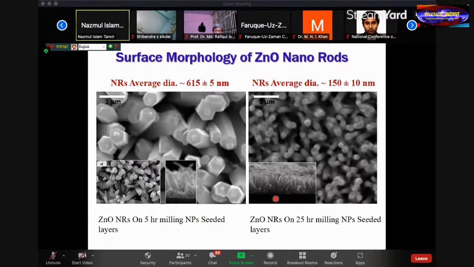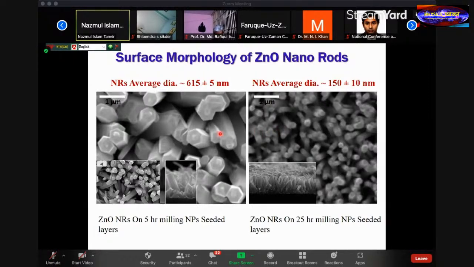And this is the surface morphology of the zinc oxide nanorods. This is the zinc oxide NRs on the 5 hour milling NPs seed layer, and this one is zinc oxide NRs on the 25 hour milling NPs seed layer.